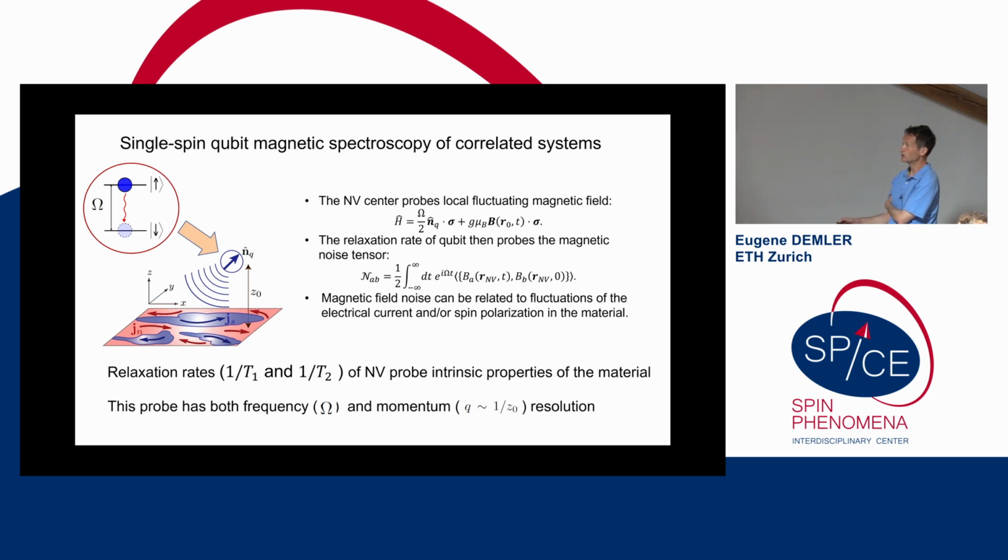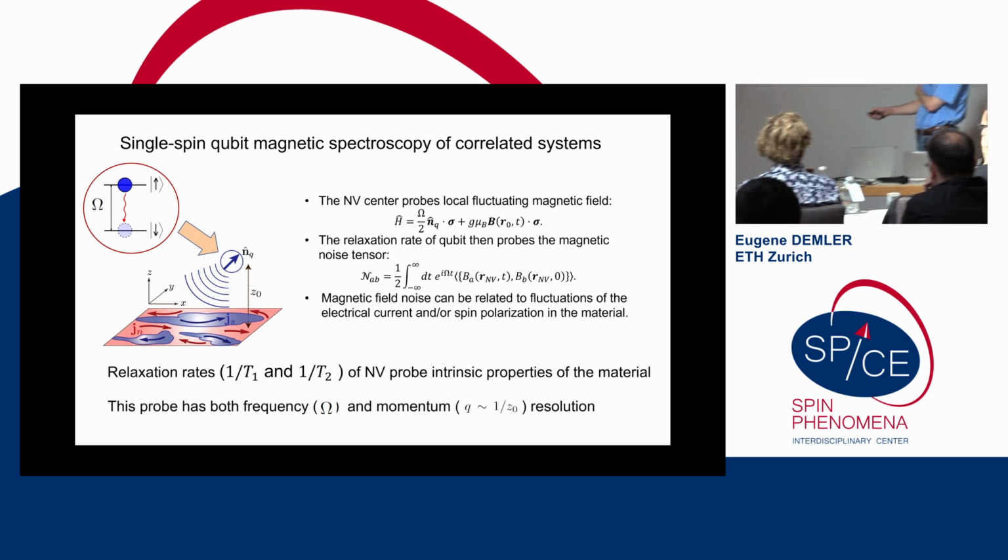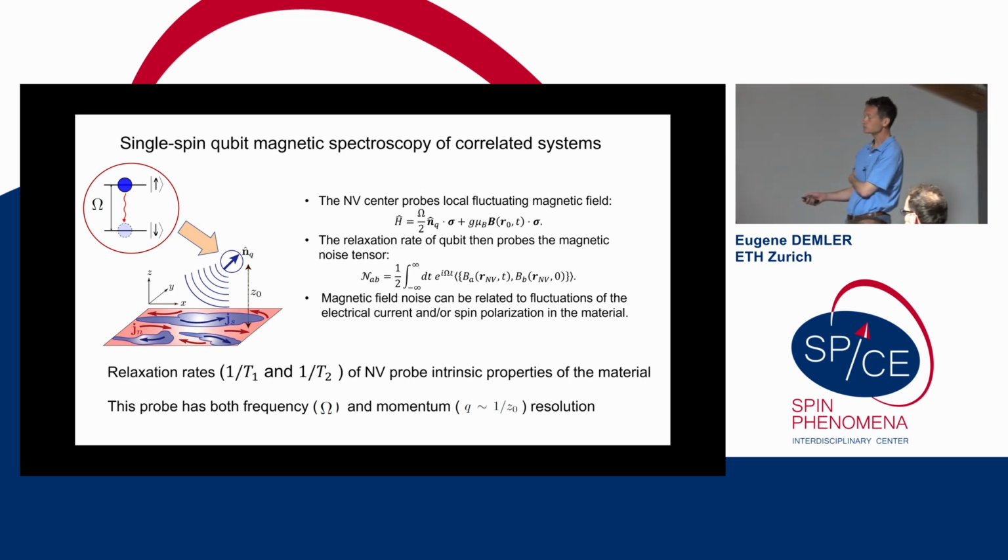For example, in the natural basis for the NV center, if we have magnetic field at the frequency that matches the energy difference between the 2 states, then this will contribute to relaxation, to establishing thermal population of the spin down and spin up states of these NV centers. And of course, if we have fluctuations of magnetic field, then they must originate from something interesting in the many-body state.